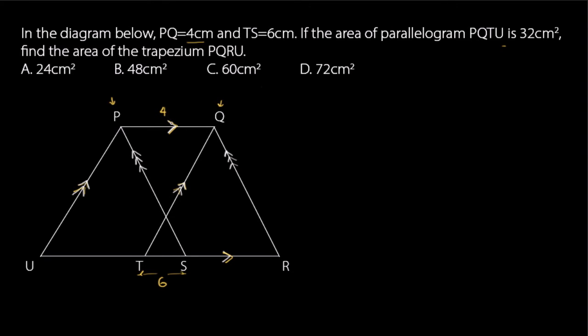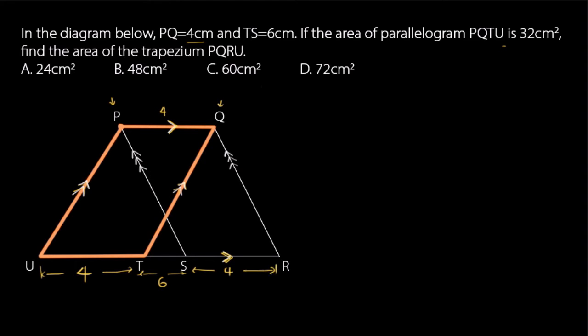Now, since this line is parallel to the line from here to here, and we know that PQTU is a parallelogram, that implies that here also has to be 4 cm. From here to here must be 4 cm, and similarly from here to here must also be 4 cm.